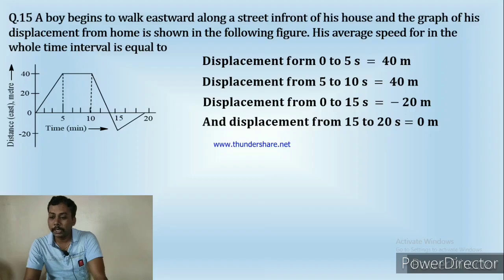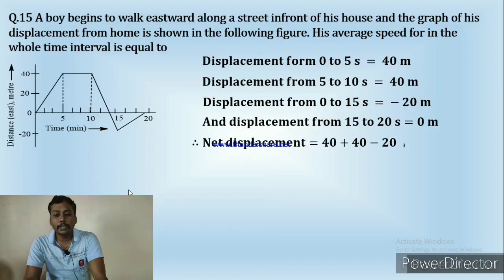Next 5 to 10 minute 40 meter as it is. 0 to 15 minute minus 20 meter, and 15 to 20 minute it is 0 meter. So net displacement is 40 plus 40 minus 20 plus 0. The net displacement of the boy is 60 meter, because 40 plus 40 is 80 minus 20, that is 60 meter. Now we have to calculate average speed.